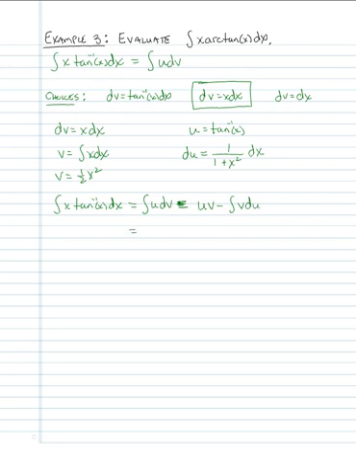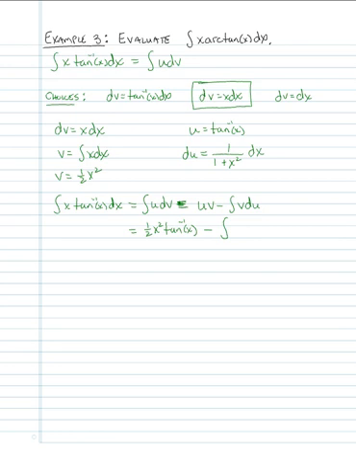Well, u, of course, is inverse tangent of x, and v is 1/2 x squared. So let me go ahead and reorder the way I'm writing that. I'm writing the v first and the u second in this product, minus the integral of.